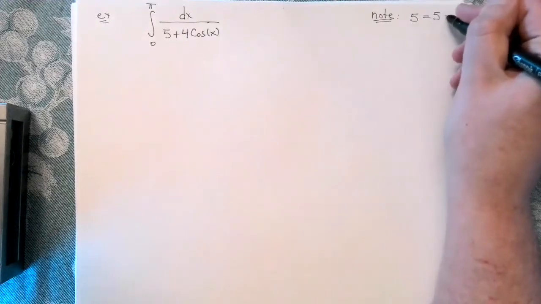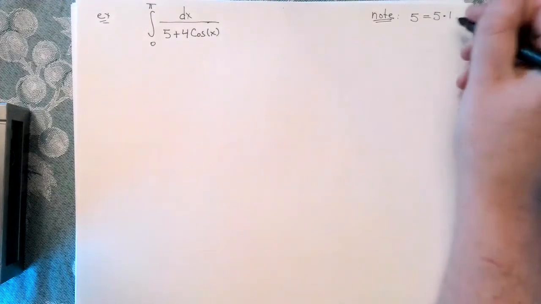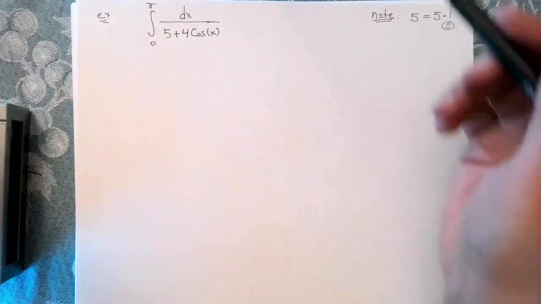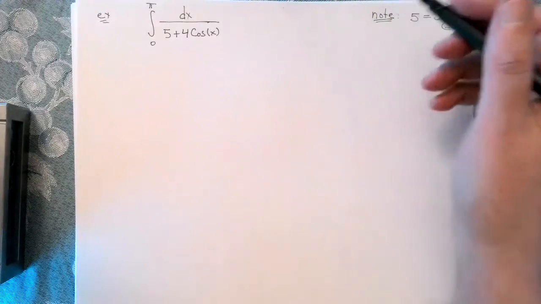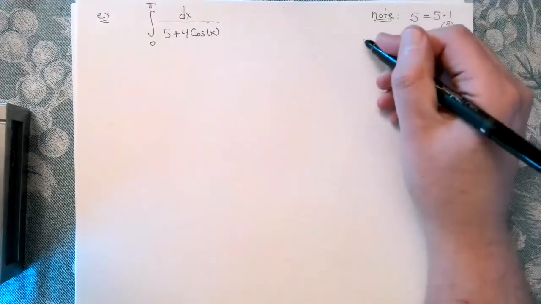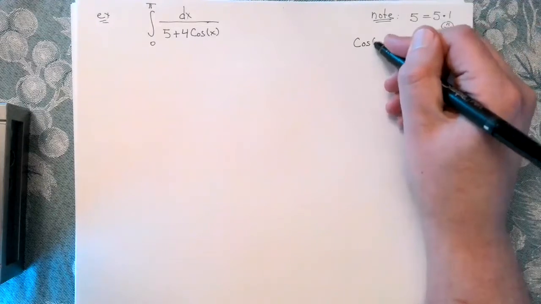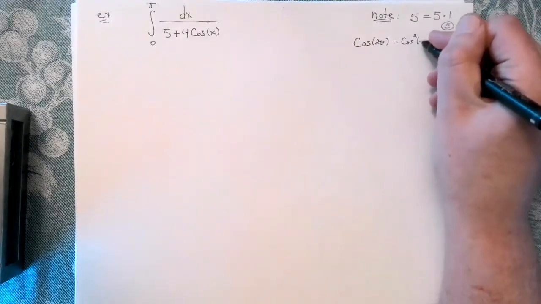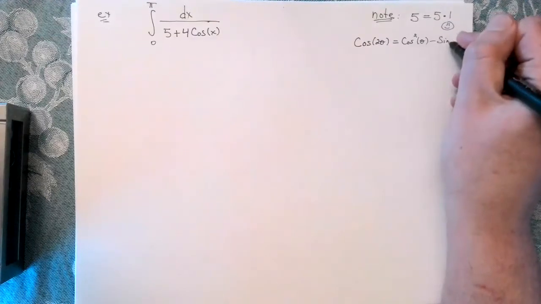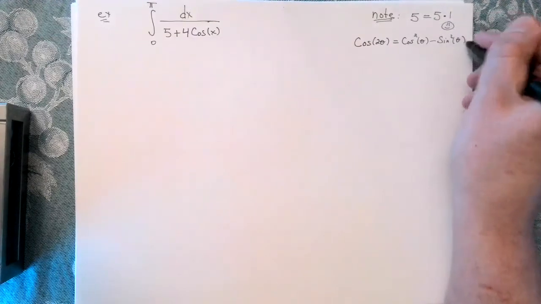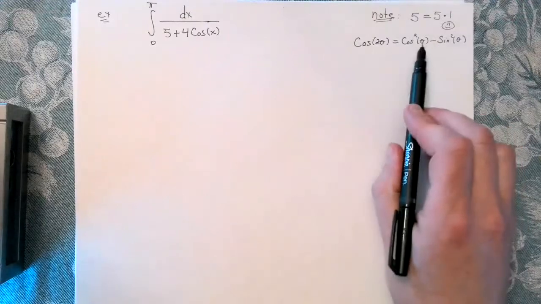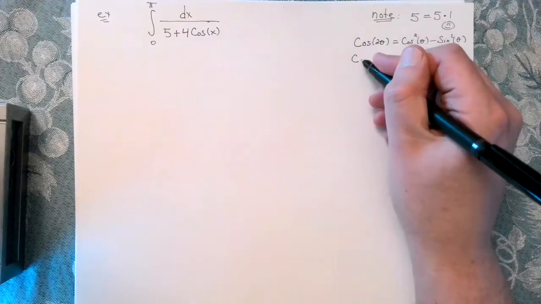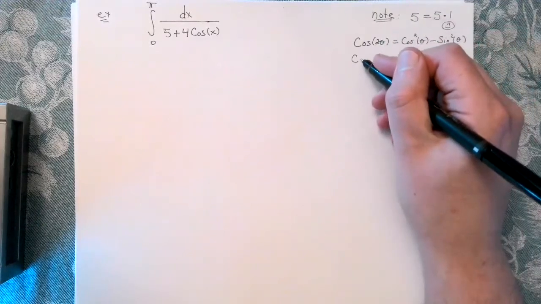That 5 is equal to 5 times 1. So a little happy face there. Okay, and let's also notice something. Based on the double angle formula, we said just a moment ago that cosine of 2 theta was cosine squared of theta minus sine squared of theta for any theta. So we can actually be kind of clever about our choice of theta. We can choose x over 2 to be theta.